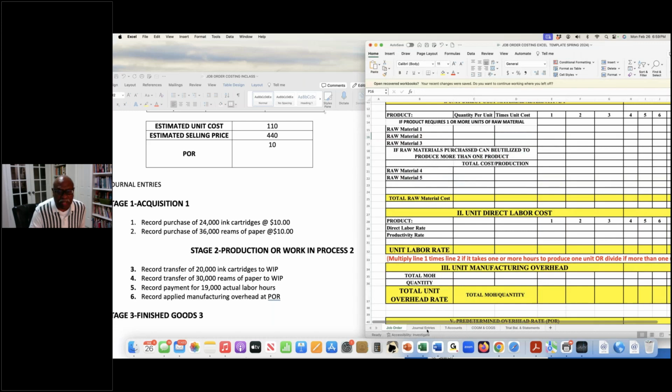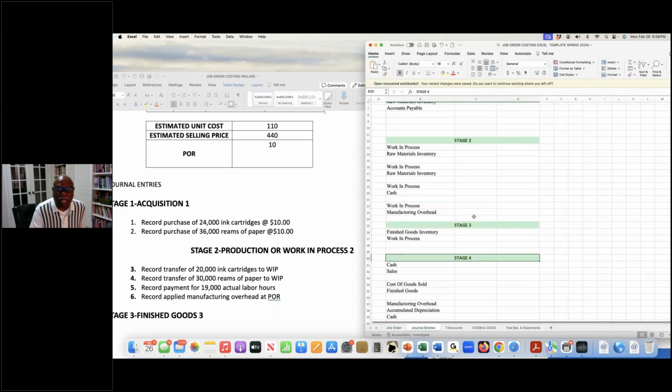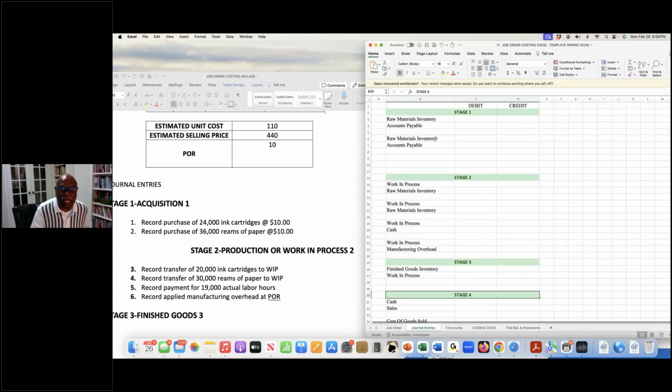Now for the journal entries, we're going to go to stage 2. The journal entries are already here: raw materials inventory, accounts payable. So we bought how many ink cartridges? 24,000.